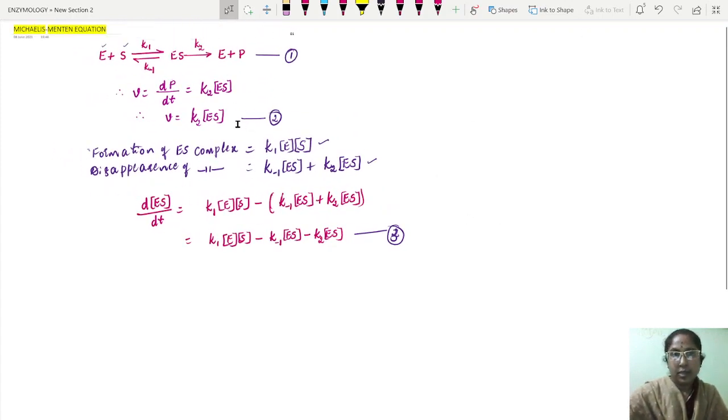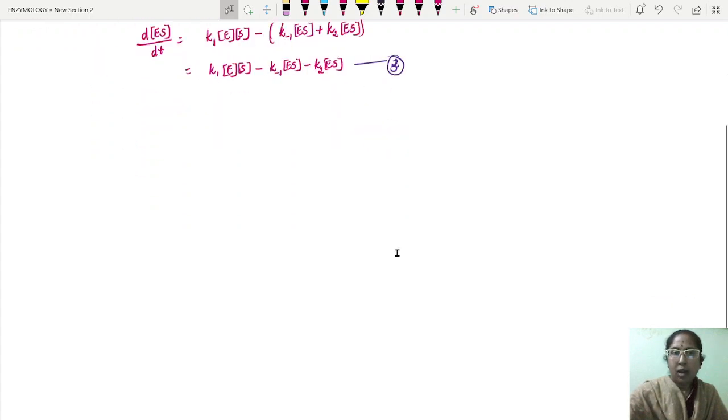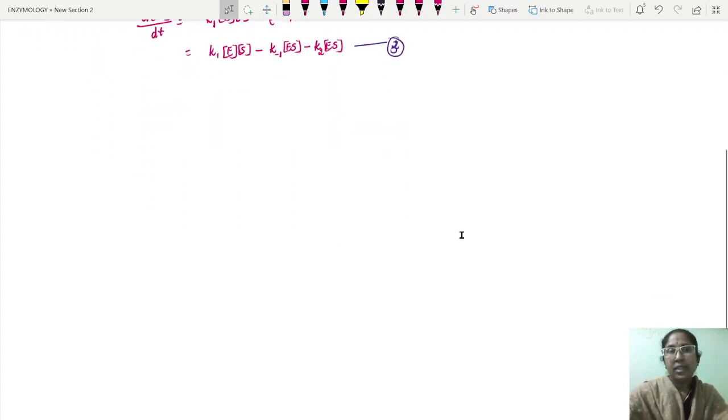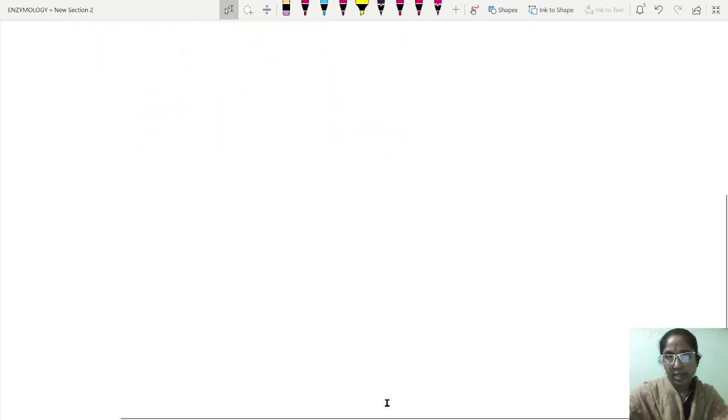So overall, the rate of the production of the enzyme substrate complex is the difference between the formation of the ES complex and its disappearance or breakdown. We are deriving this equation according to the steady state assumption.